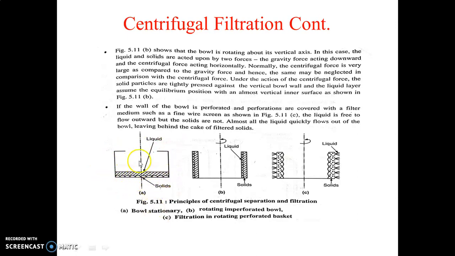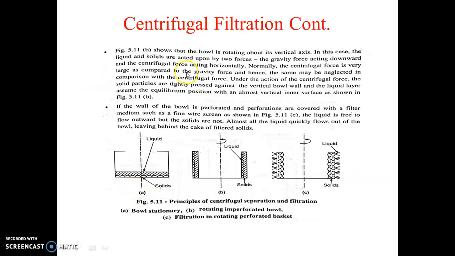In the first figure, the bowl is stationary containing slurry, that is liquid plus solids. Since the bowl is not rotating in this case, the solids settle at the bottom, and on that solid there is a liquid layer. So the bowl is stationary in figure A.